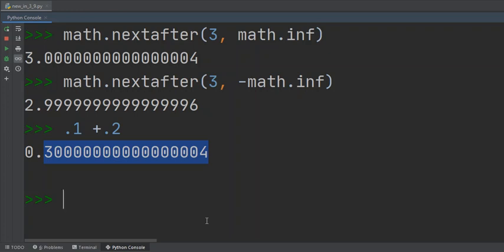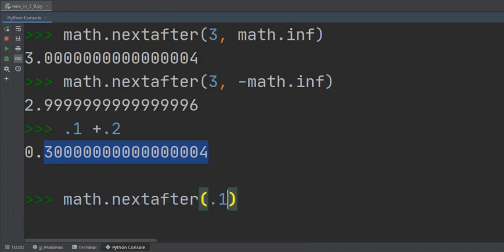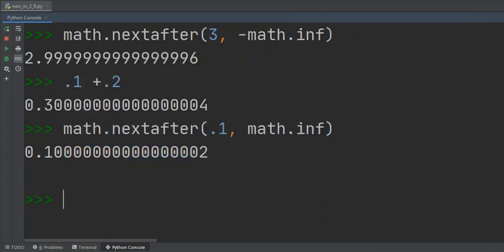And so here's where you can use these functions, nextafter, and the next one I'll show you as well, ULP, as tools in your toolbox to help you understand and compensate for these floating point arithmetic errors or just quirks.